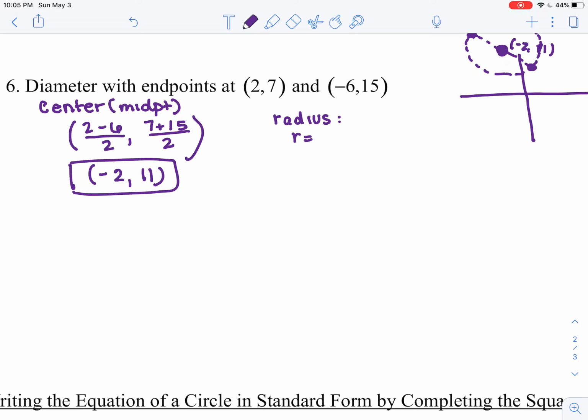So if I plug in our center, -2, 11, and I'm going to use the endpoint 2, 7. If I plug those 2 points into our distance formula, let's do 2 plus 2 squared and 7 minus 11 squared.